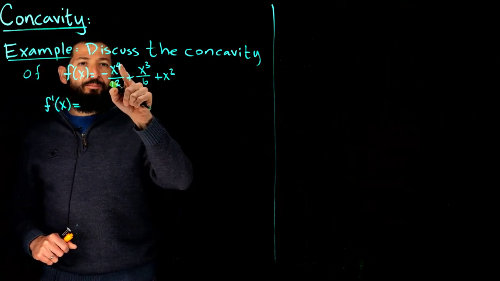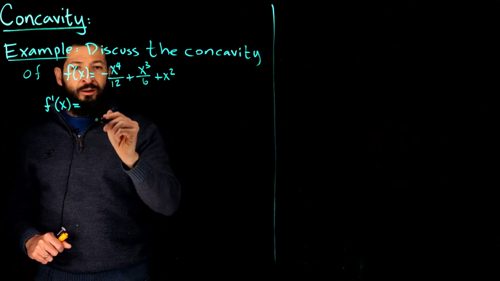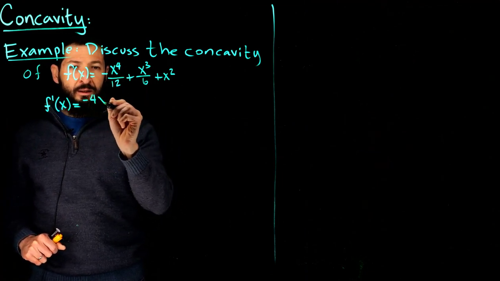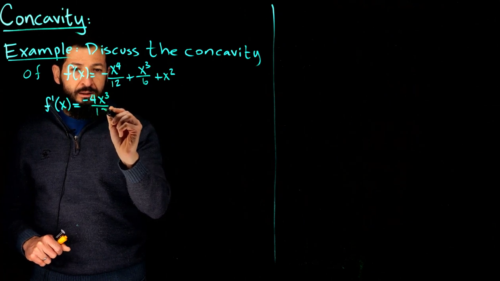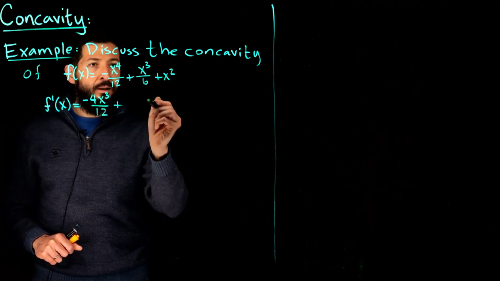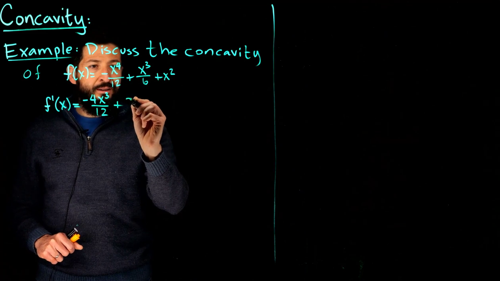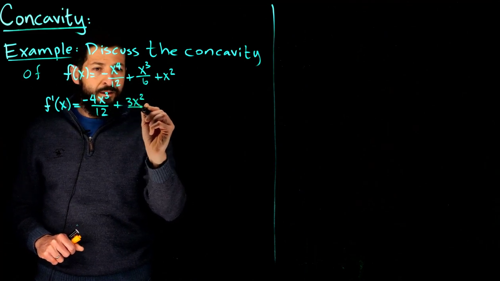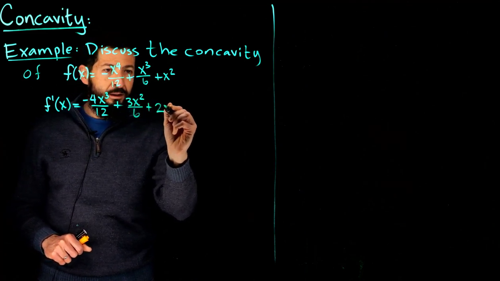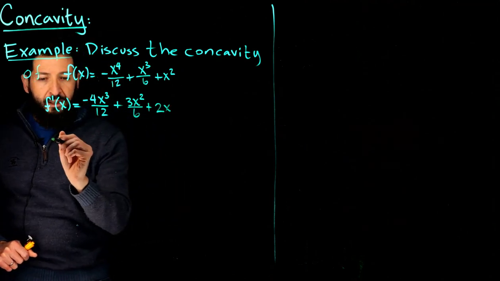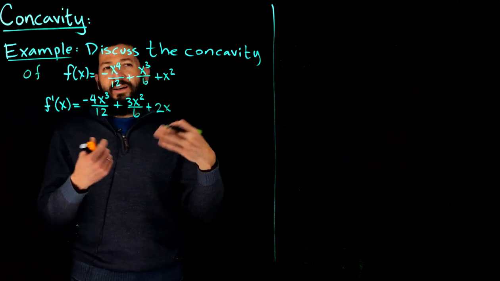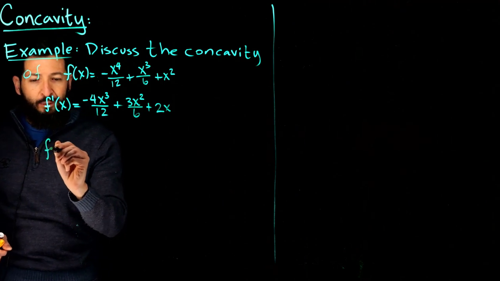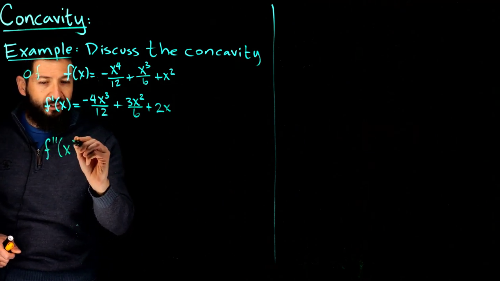We get negative 4 divided by 12, and then 3, and then you say, why don't you simplify it? Because it will cancel out in the end. So I'm going to go ahead and do it now. Take my second derivative.